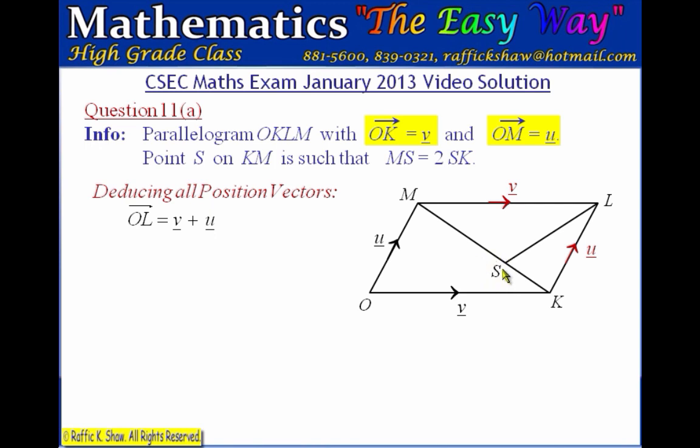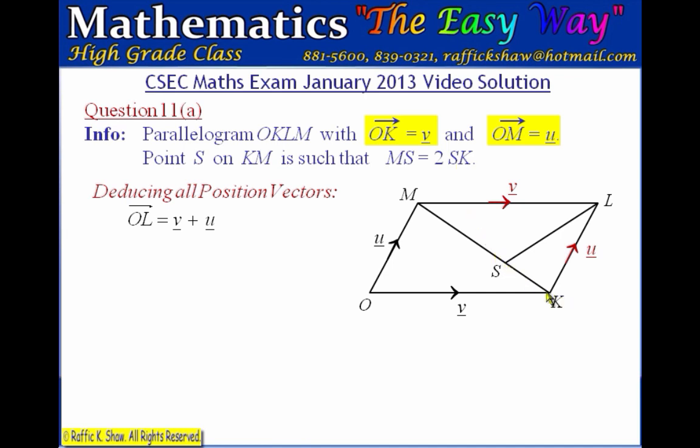But to find the position vector of S, we have to use the information that was presented about the point S. We're presented with the scalar equation that MS is equal to 2 times SK, and what we can do is firstly convert this scalar equation into a vector equation. To do that, we have to ensure that the direction M to S is equal to the direction of SK.